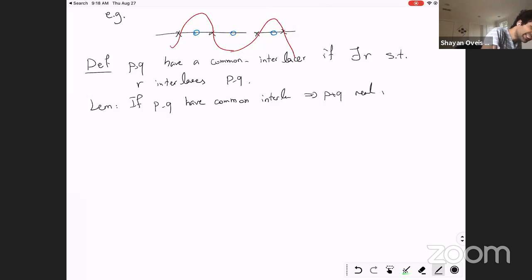This is all about real rooted. So if P and Q are real rooted and have a common interlacer, then P plus Q is real rooted. And in fact, this is if and only if: any convex combination, alpha P plus 1 minus alpha Q, is real rooted exactly when they have a common interlacer.